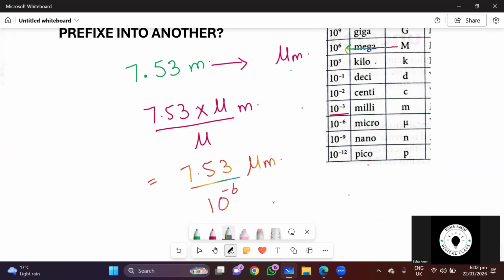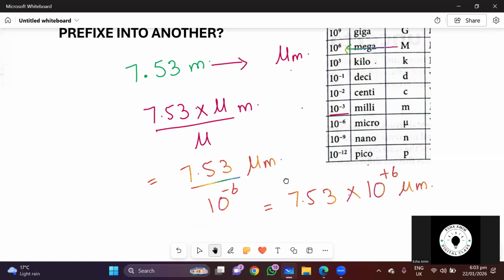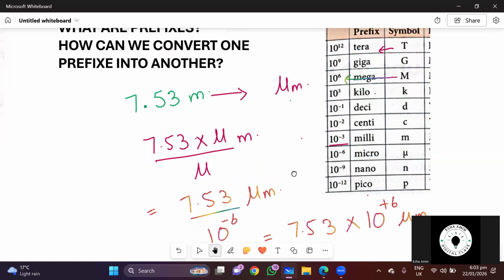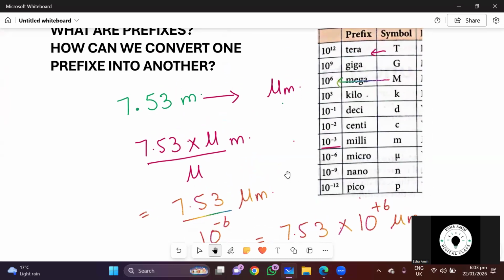When you simplify it, this will be 7.53, and when you shift this 10 power minus 6 to the numerator, its power becomes positive. So this will be 10 power plus 6 micrometer. This is how we can convert an SI unit into the prefix one, or the prefix into an SI unit. And now let's do some past paper questions related to this topic.